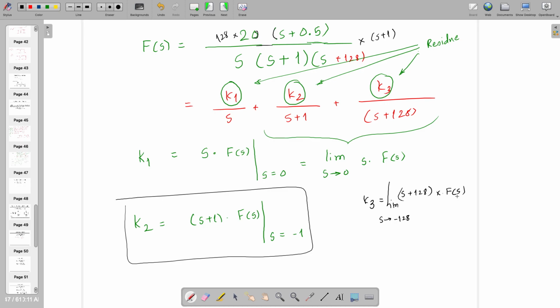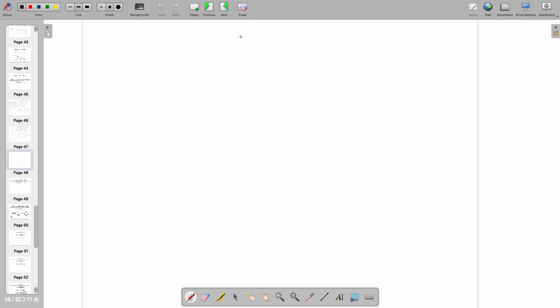Look, this theorem is useful when it is something like this. If I want to find the residue, and multiple residues are available at one place, then you have to do the following.